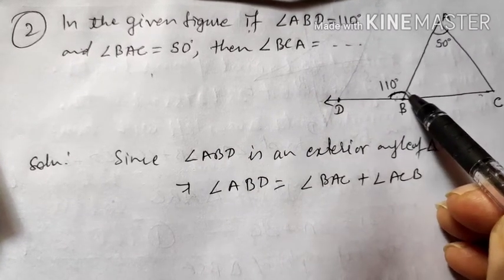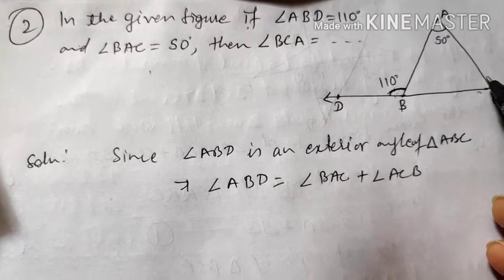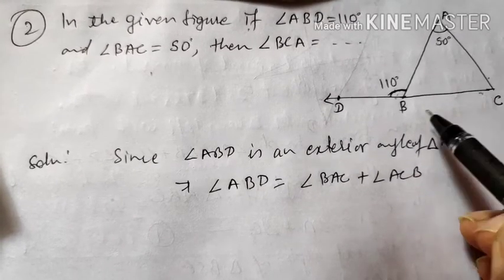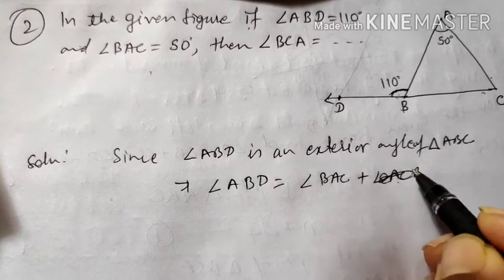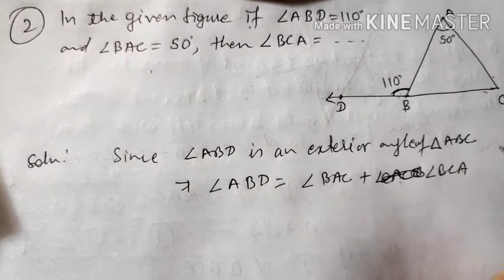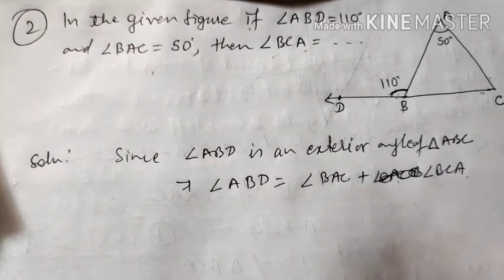So 110 must equal angle BAC plus angle ACB. We may write either ACB or BCA. In the question BCA is given, so we write BCA here.